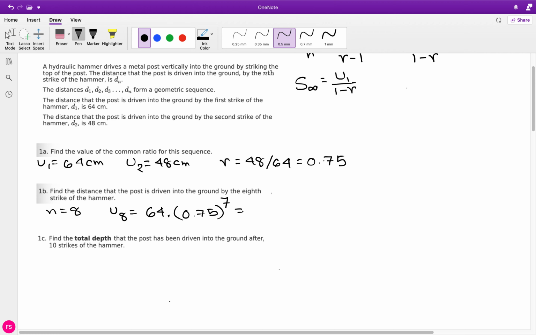If I put it in the calculator, I will get 8.54296 centimeter. But always write your answers in three significant figures.